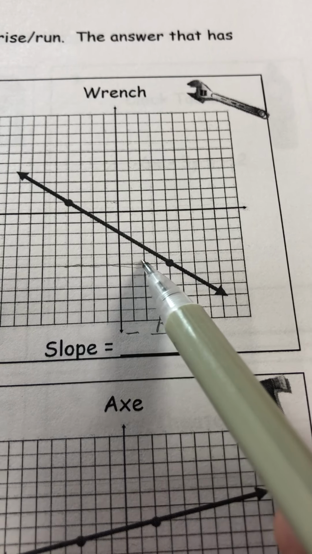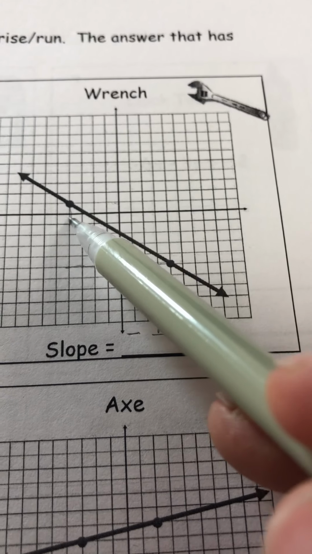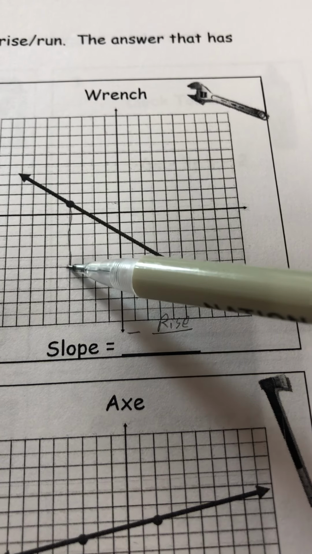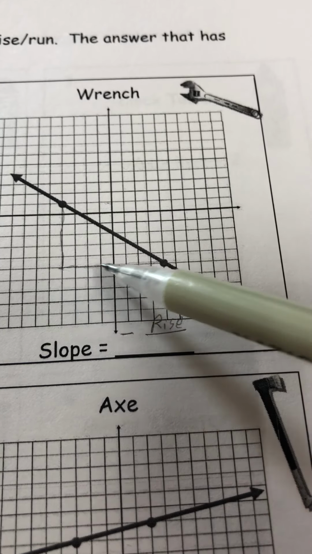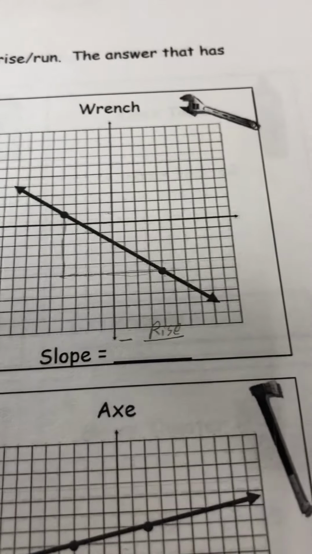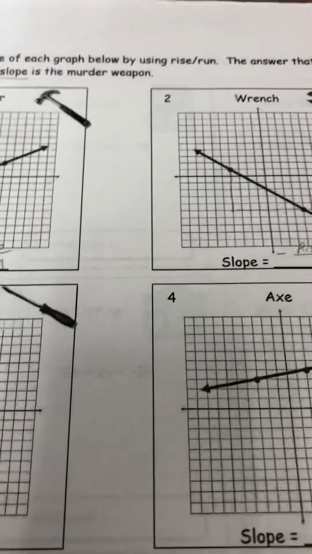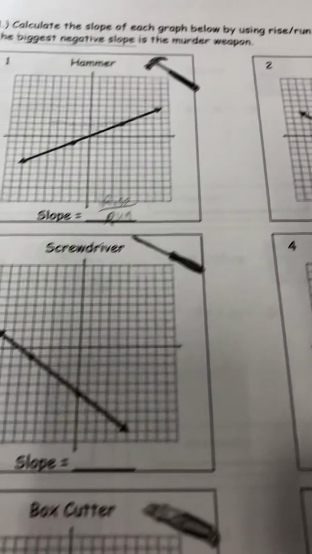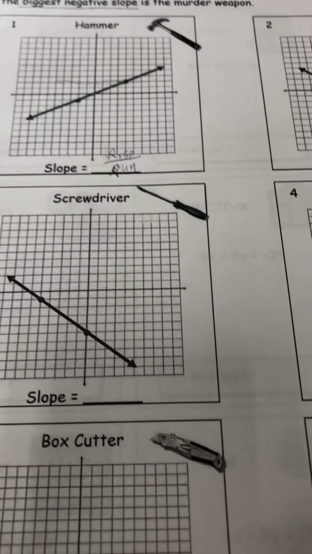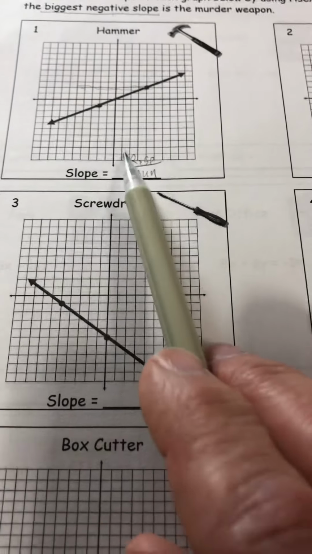So from here, it's this line right here. You might want to draw this to help you out. So how many does it go down over how many it goes over to the next point? Now, in all of these that you're figuring out, you may have to simplify your fractions. I know this one you have to simplify.